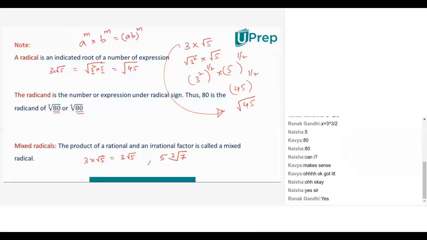Tell me the value of 5 into cube root of 7 in a single radical form, in the simplest form.